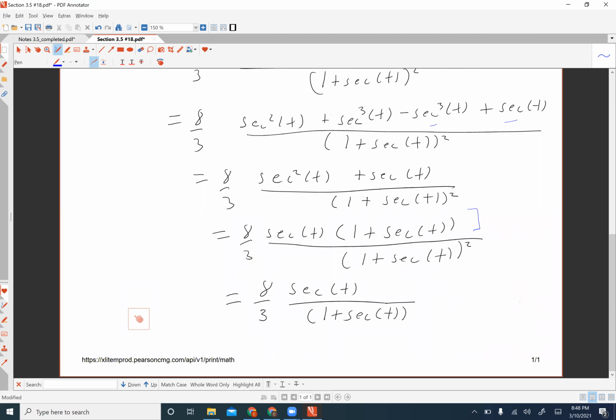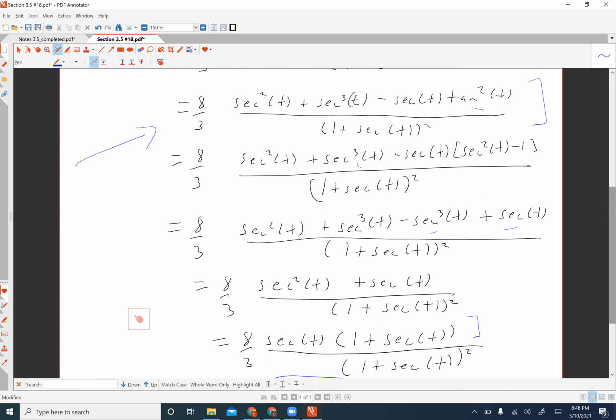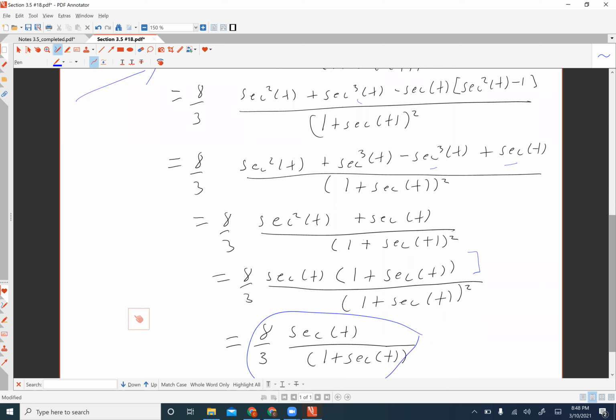Then just cancel a factor of 1 plus secant of t out of the numerator and the denominator, and you're left with 8/3 secant of t all over 1 plus secant of t. But as I said, going all the way back up here, that's also a correct answer, the one where I don't actually simplify it. And I have this actually online, I think.